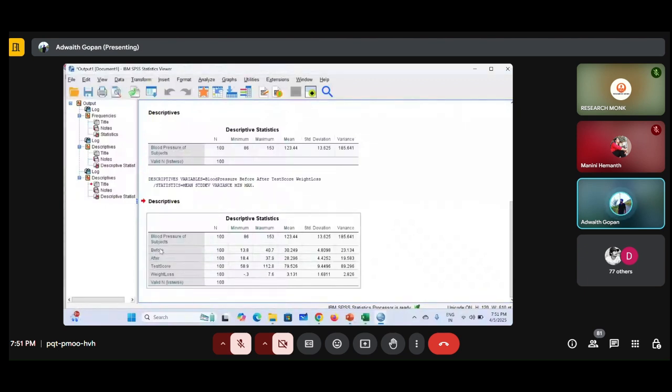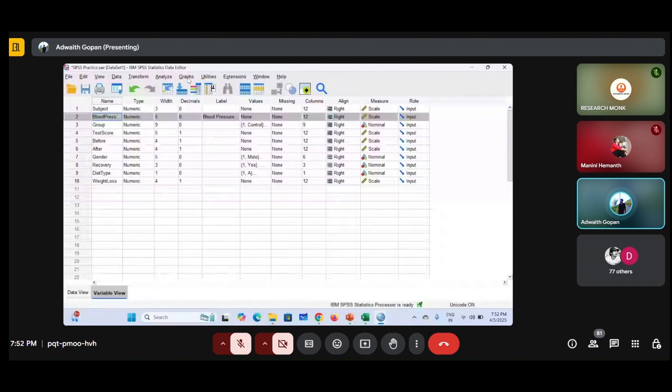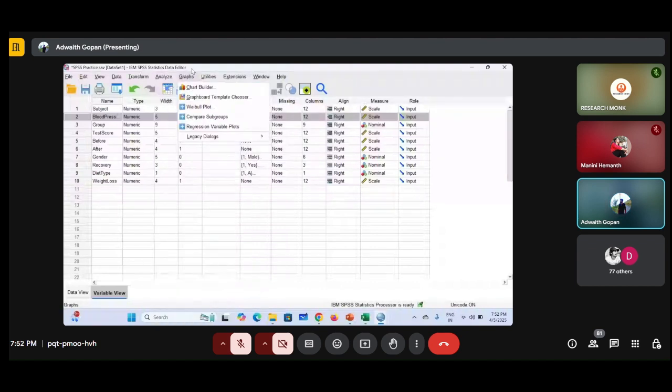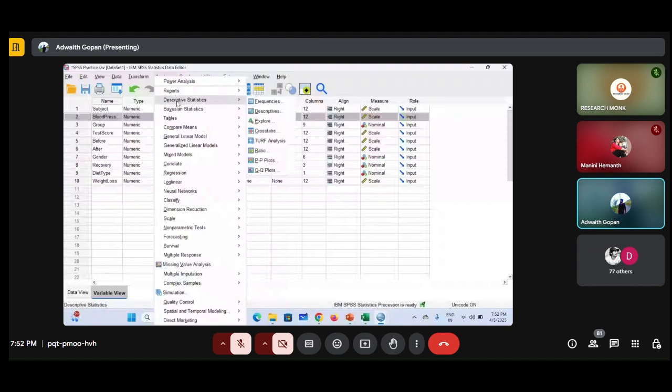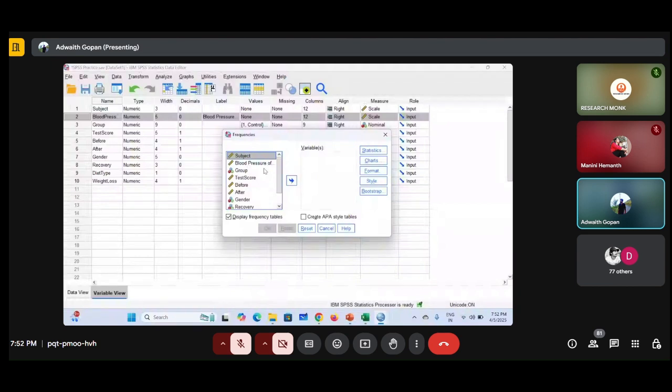These variables here are the scale variables, and for nominal variables or categorical variables, we use something called frequencies. For that, you can go to Analyze, go to Descriptive Statistics, and select Frequencies, where you can add all the nominal variables, that is group, gender, recovery, and diet type.